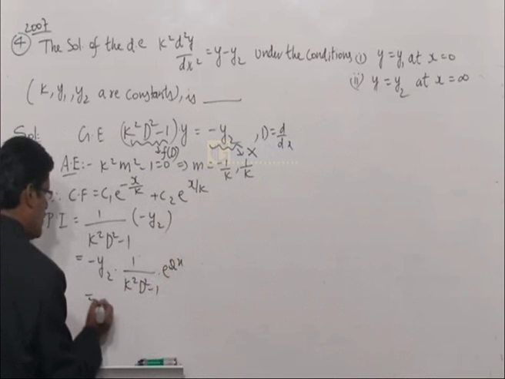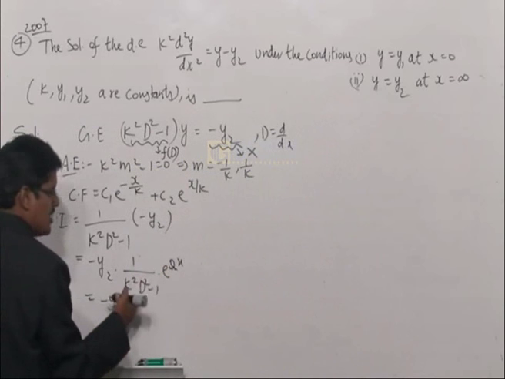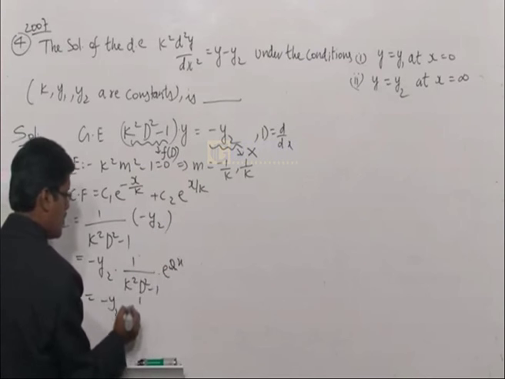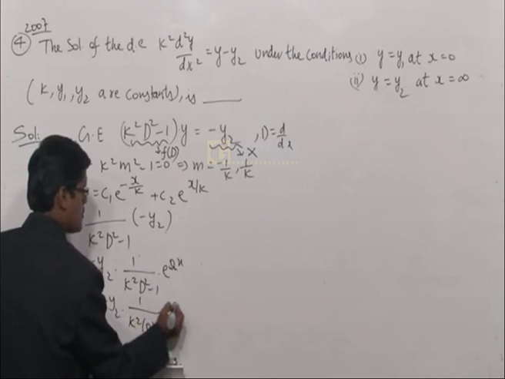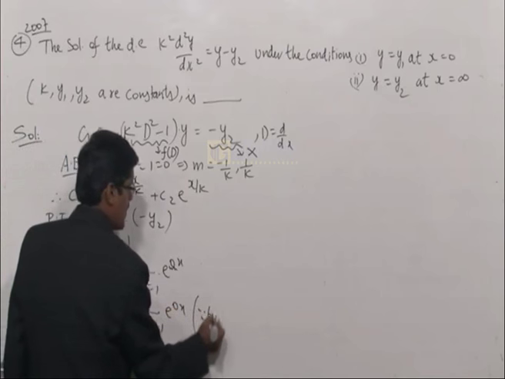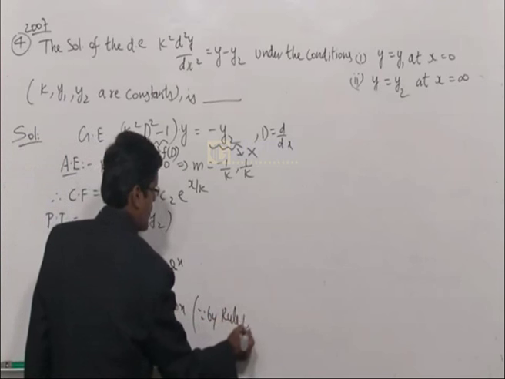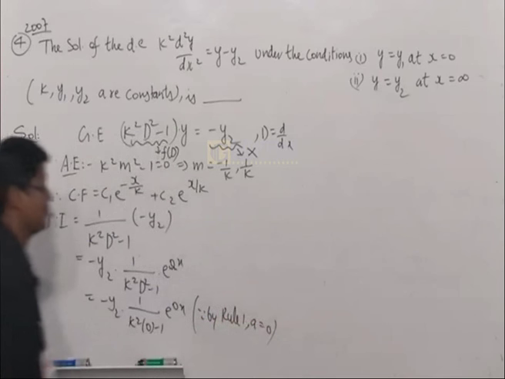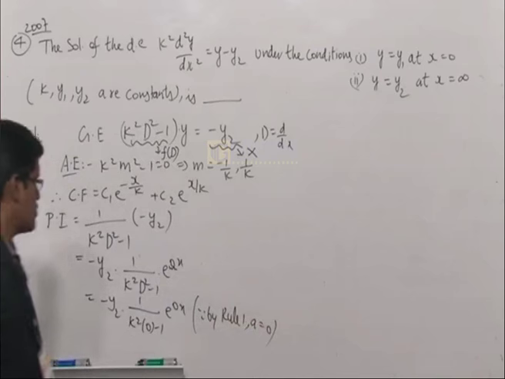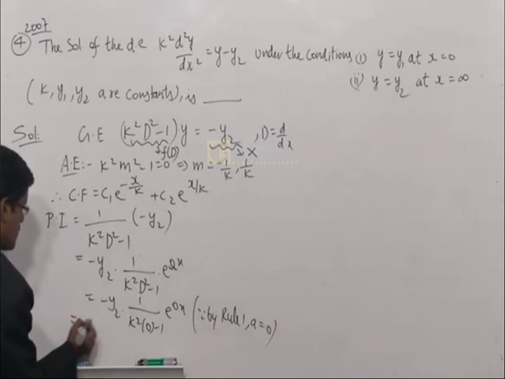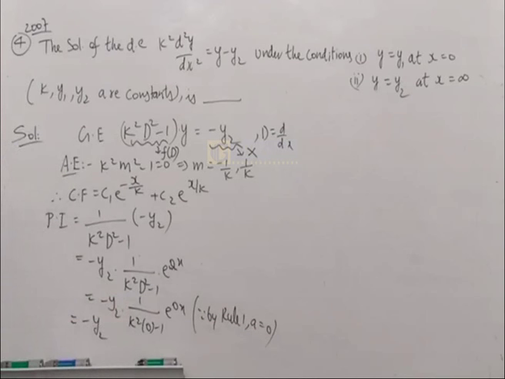Okay. So what is rule 1? A is equal to 0, put D is equal to 0, the denominator not equal to 0. 1 over k square into 0 minus 1 e power 0x, since by rule 1, a is equal to 0. Just compare with the procedure, rule 1 given by me, here in this problem. So this finally simplifies to minus y2.